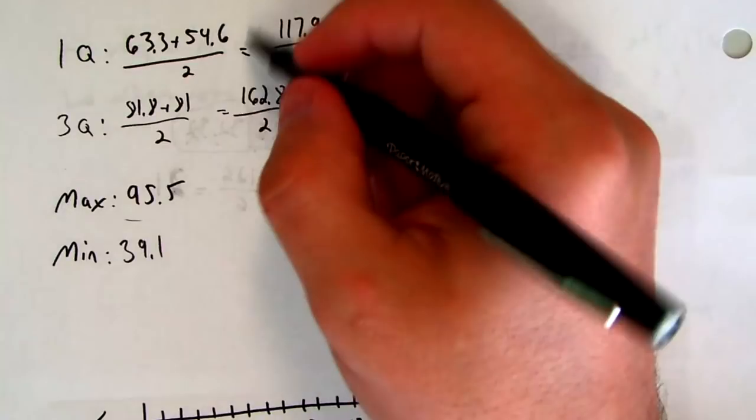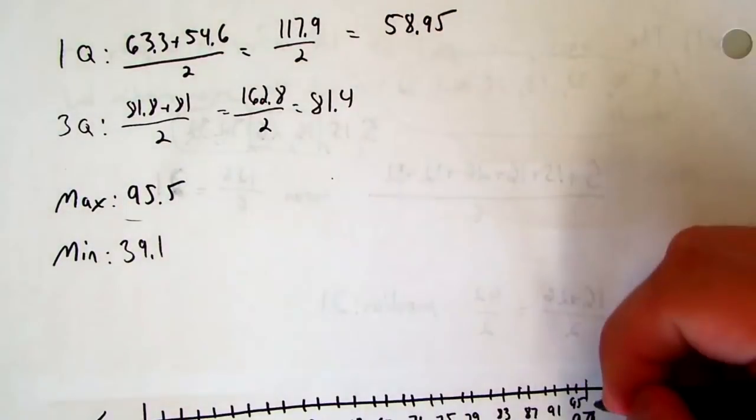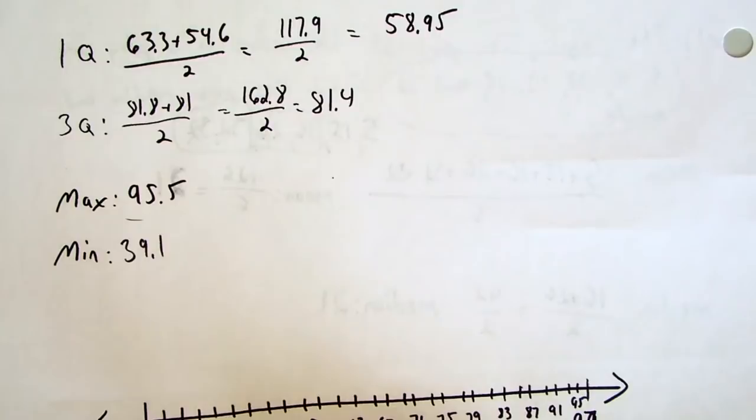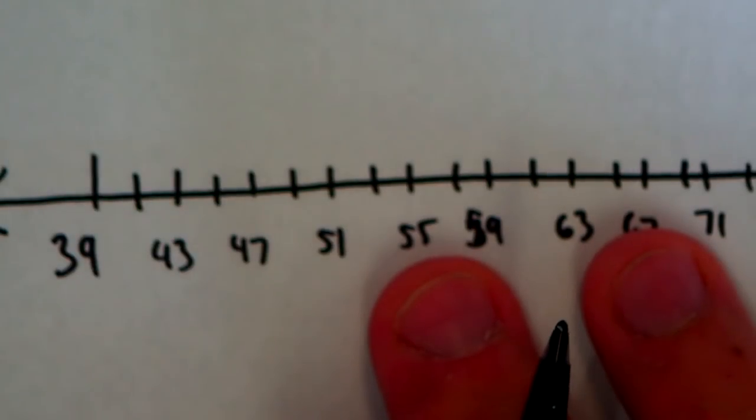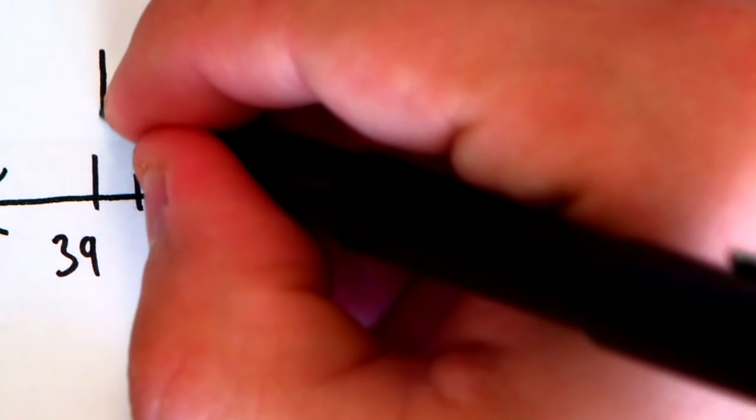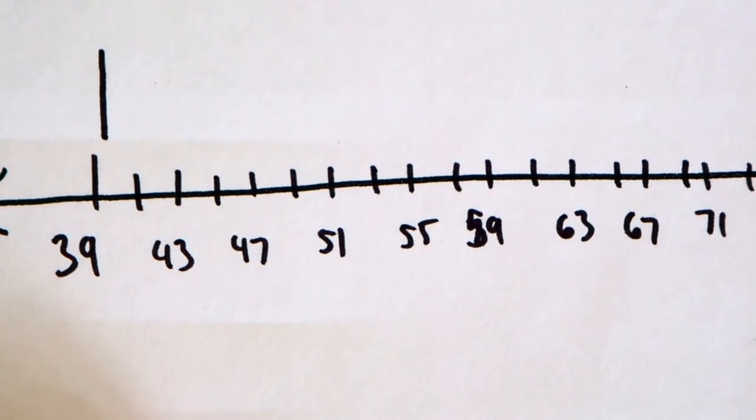Now I'm going to create a line just above each one of those numbers on this number line. The minimum number is 39.1, so I'm going to create a line just above 39 and just to the right. So 39.1 would be about there.